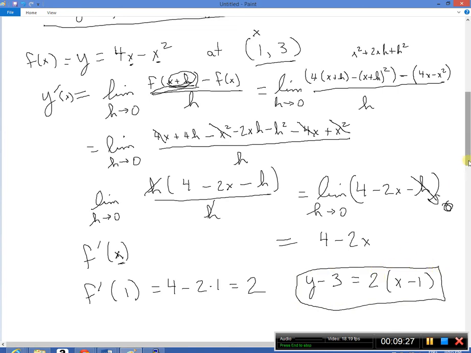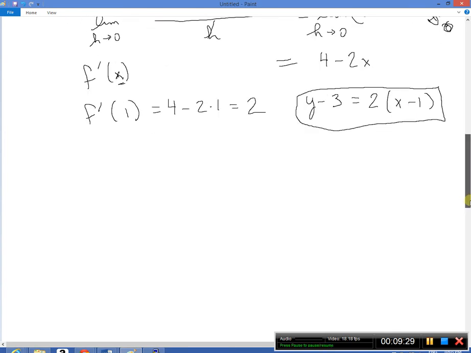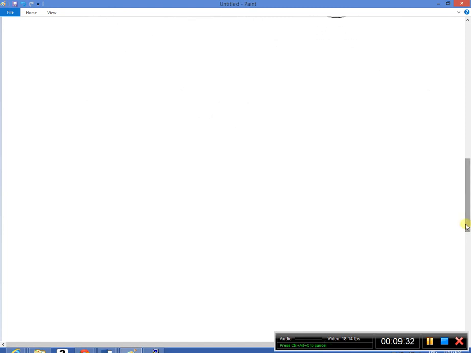Okay, and that brings us to number 3. In number 3, we are asked to figure out what function is expressed here where this is the derivative of some function. So here's the expression.